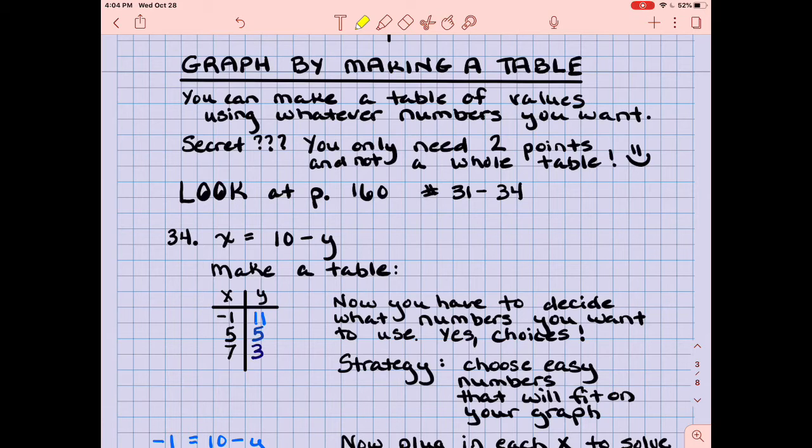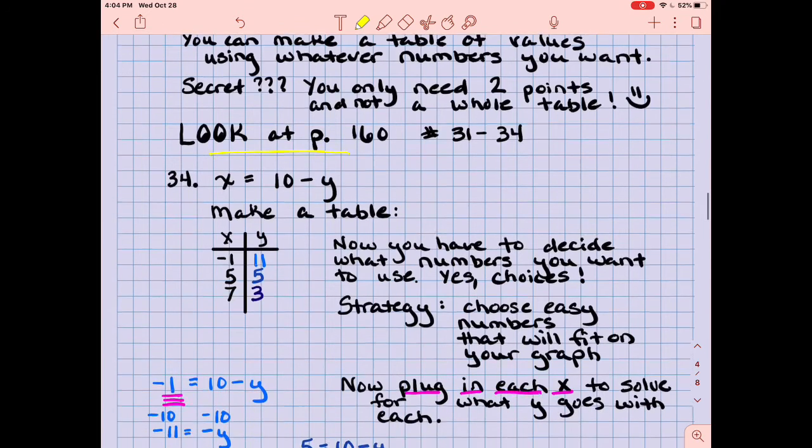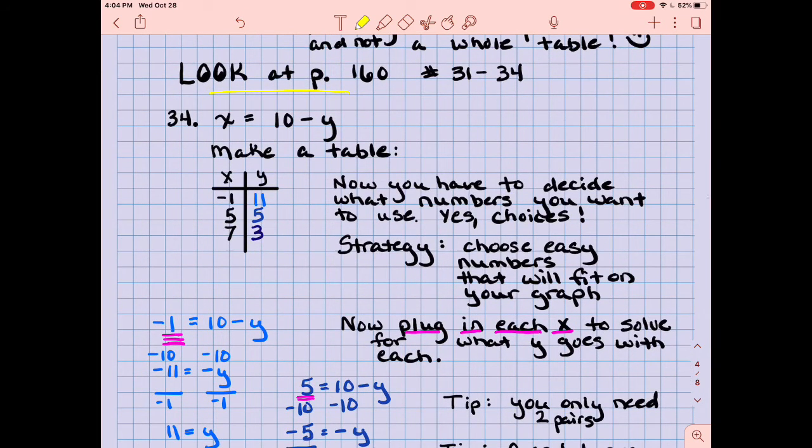But look at page 160, numbers 31 to 34. We're going to look at number 34 here. I have x equals 10 minus y, and I want to make a table. So I set up a table with x and y, and then I have to just start making some choices. I'm going to have to make up some numbers that I want to plug in for x. Typically, I choose 0 or 1 because they're easy.